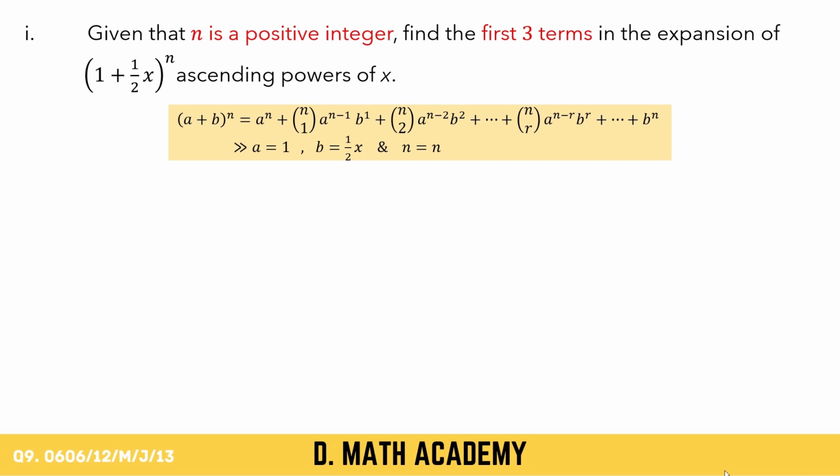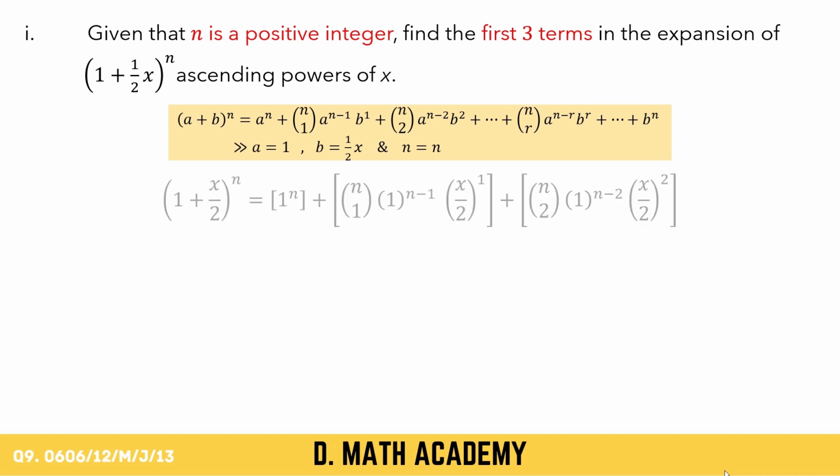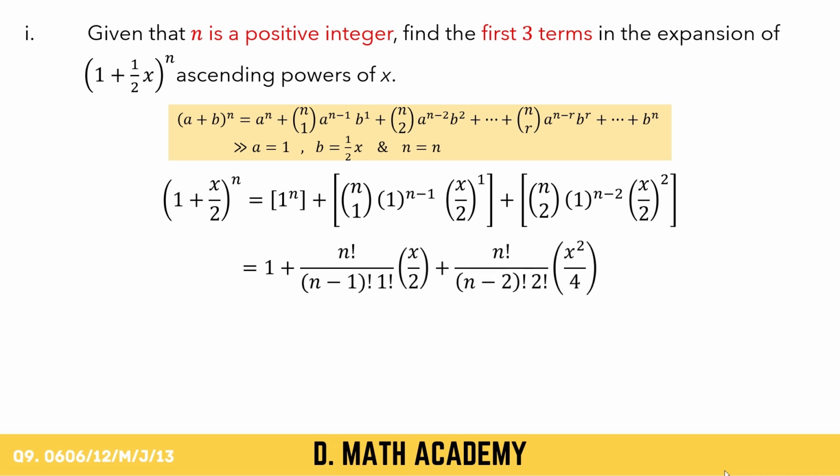By substituting it into the formula, you will get your result as 1 plus n factorial over n minus 1 factorial times 1 factorial times x over 2, plus n factorial divided by n minus 2 factorial times x squared over 4.